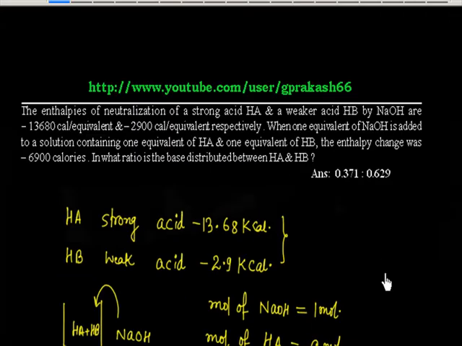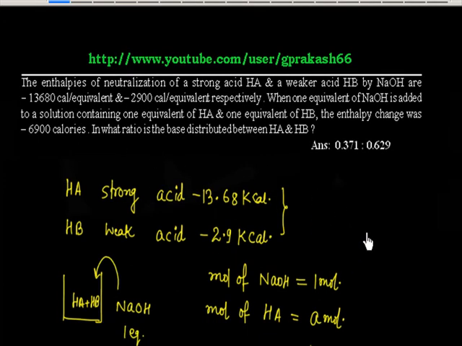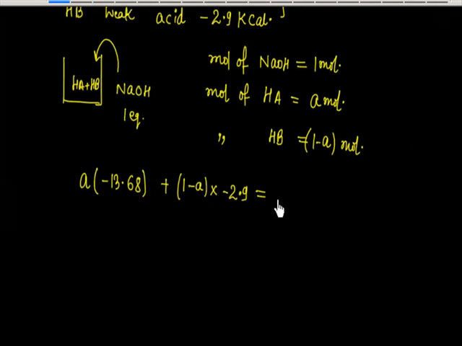Now what is the total heat released? That is minus 6.9 kilocalorie. So I have to equate this with minus 6.9 and solve. So I will have minus 13.68 into a, minus 2.9, plus 2.9 into a, equals minus 6.9.